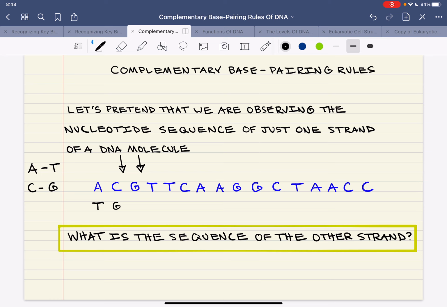I'll finish it here. But definitely do this on your own. Maybe make up your own practice problem. That's it. So just understanding the basics of the base pairing rules.